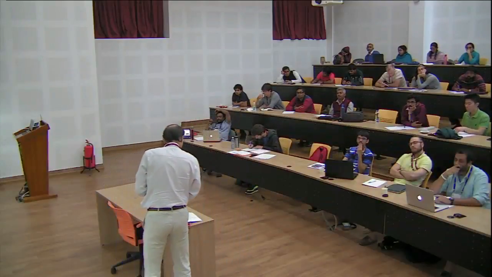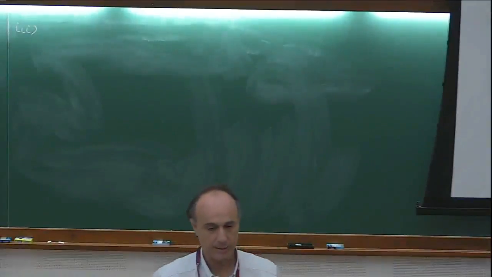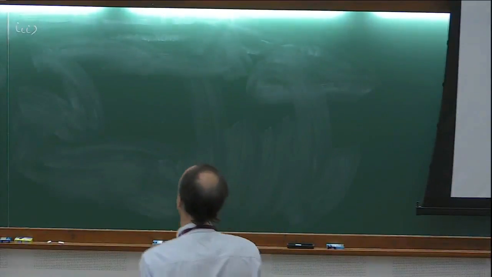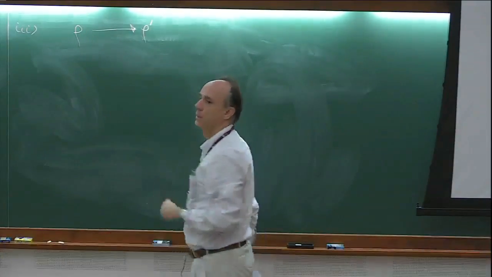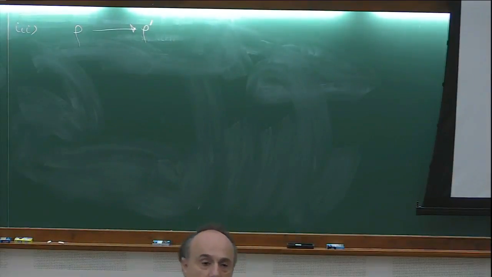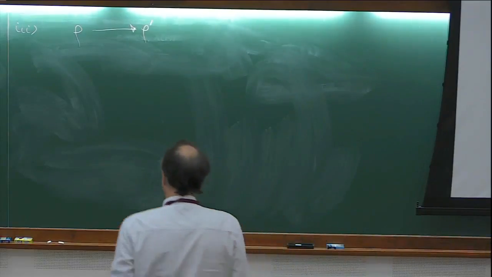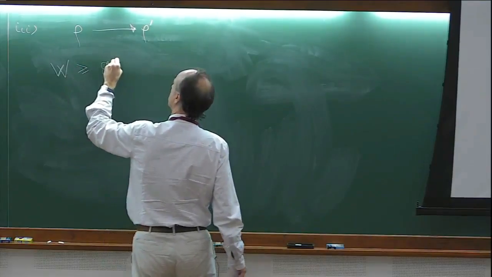Okay, this is so far a definition, but it becomes important when we derive this property, and it's the following. If I want to drive a system from a state rho to a state rho prime, and I want to do this isothermally in contact with this thermal bath, using some protocol, moving my parameter lambda in some way, then the work that I have to do is always bigger than the difference of free energies.